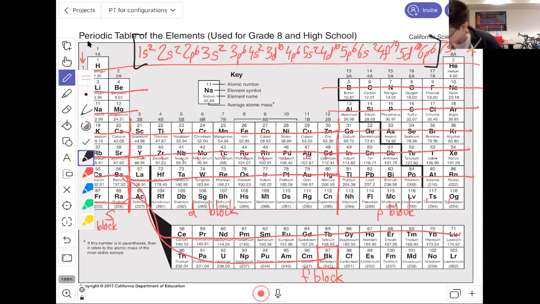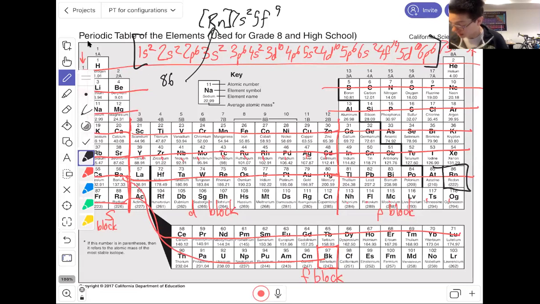And I can use this element and say that actually that thing is brackets radon 7s2 5f9. And that is a lot shorter to write because that brackets around radon is saying that this is storing 86 electrons. So what I'm going to show you how to do is to use the noble gases to write a shortcut of configuration.